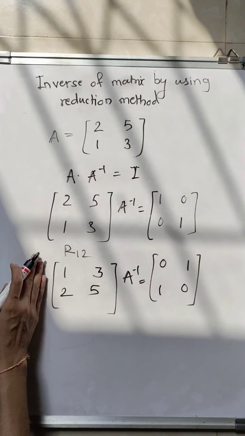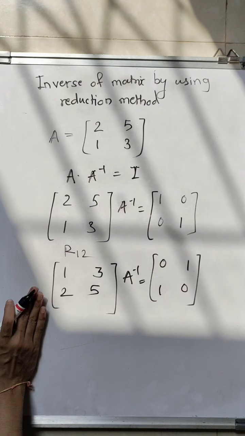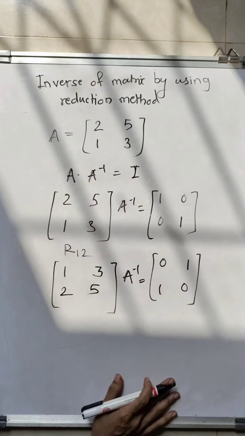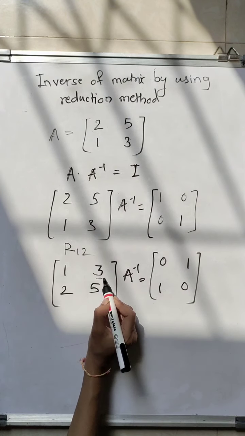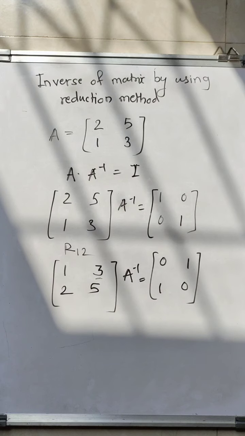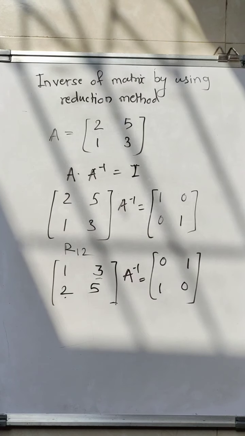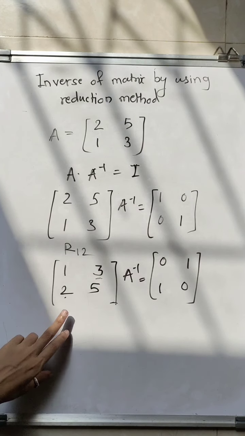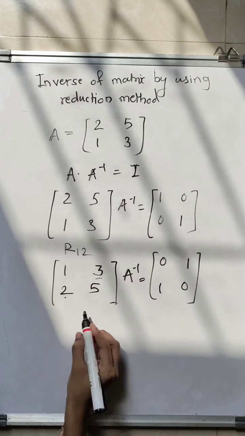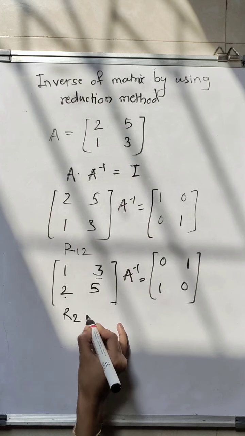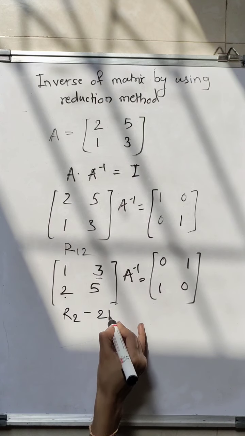So after interchanging the rows, the equation becomes like this. Then after this, we have to convert this 2 into 0. For this, we are going to apply the row transformation R2 minus 2 R1.